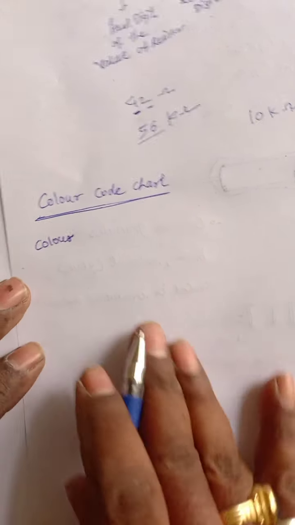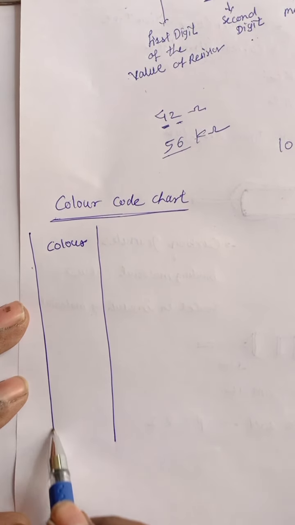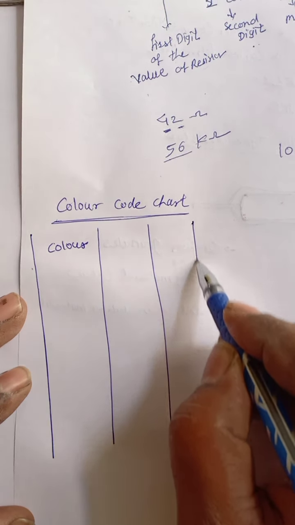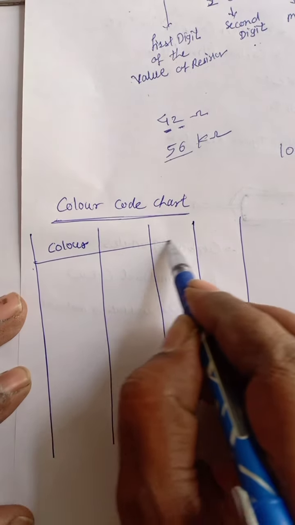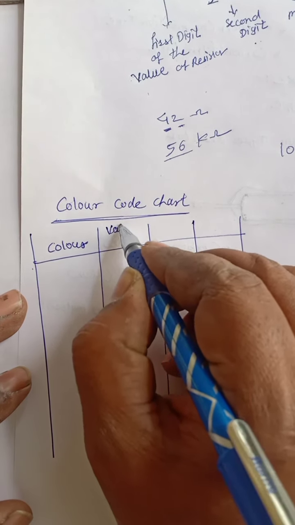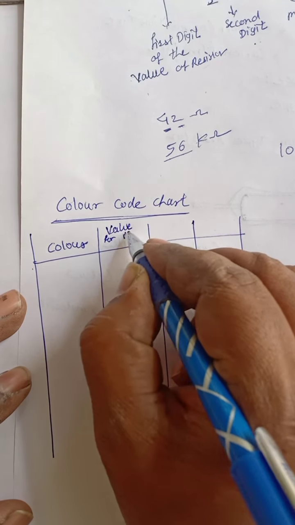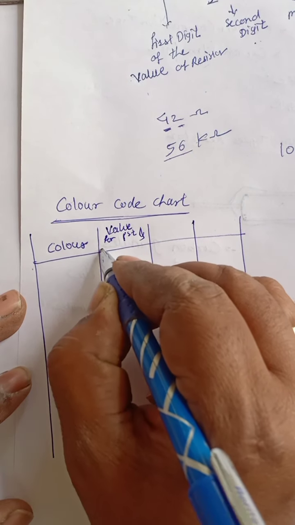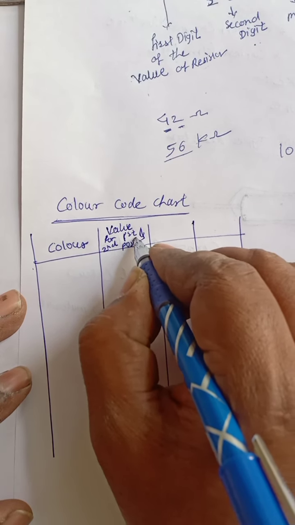First, we are going to put a table here. The columns are the color, then the value for the first and second position.